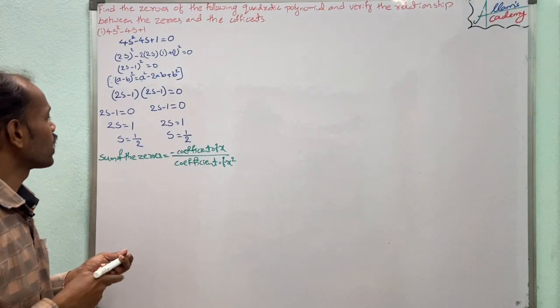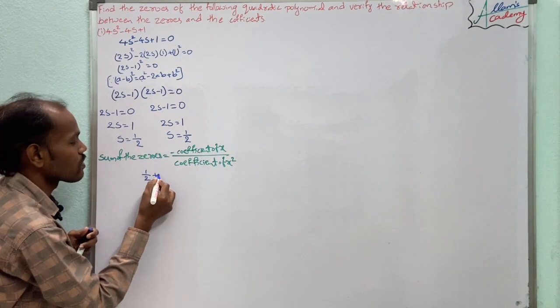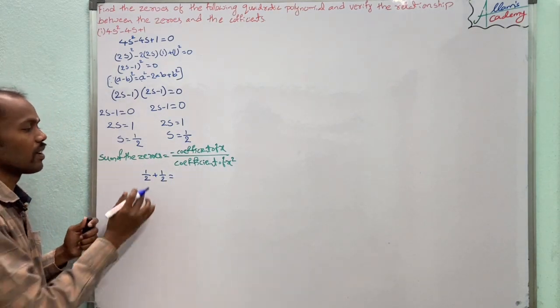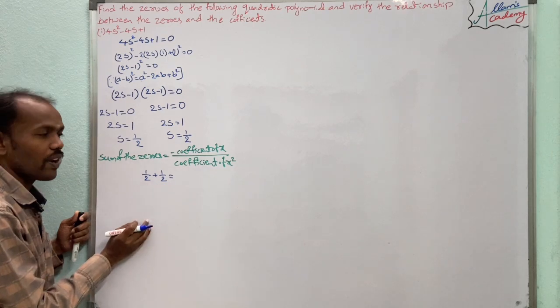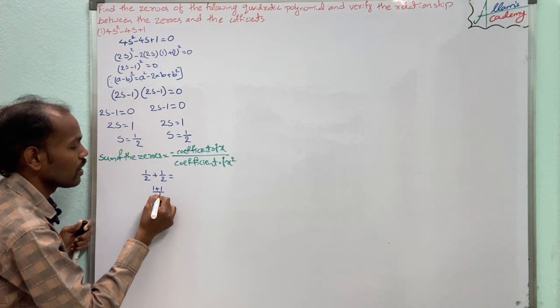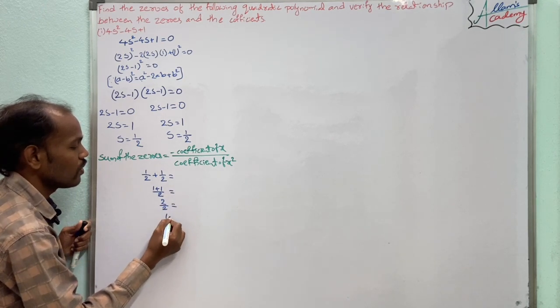Here the zeros are 1 by 2 and 1 by 2, so 1 by 2 plus 1 by 2. The denominators are equal, so they are like fractions, and we directly add the numerators. 1 plus 1 is 2, and 2 by 2 equals 1.